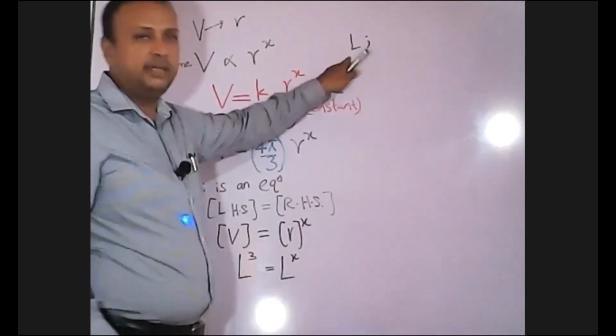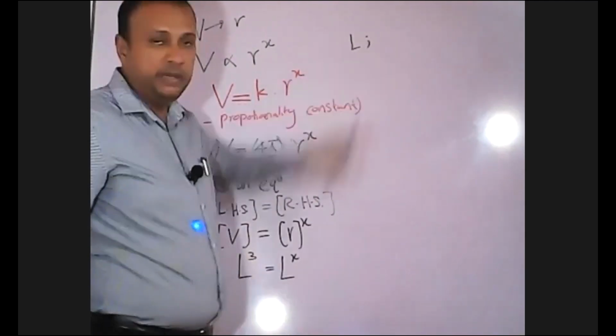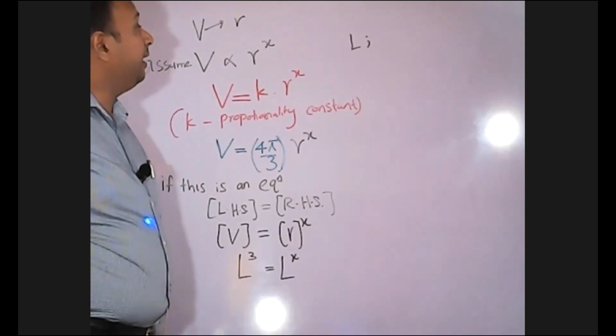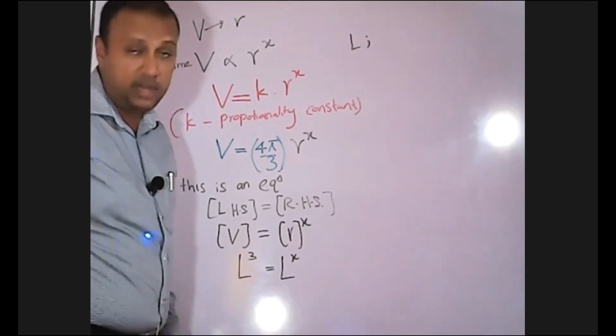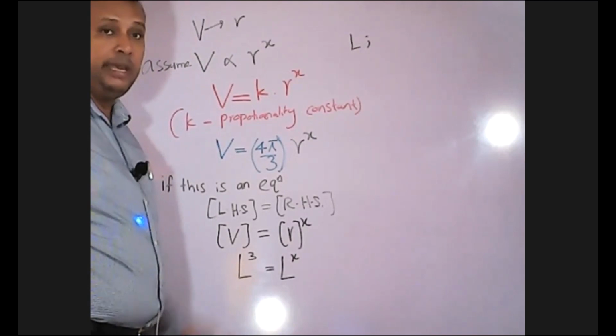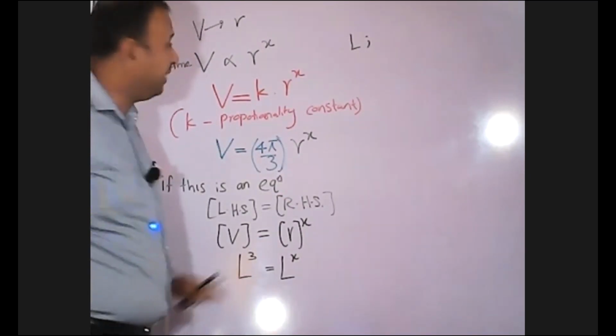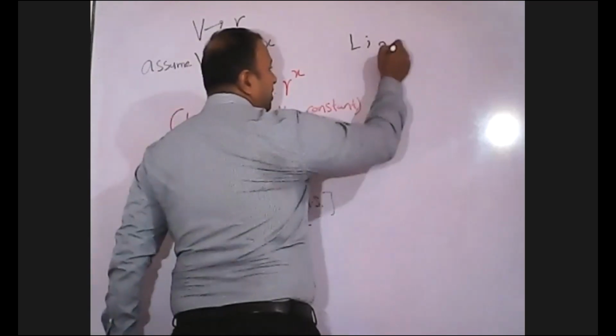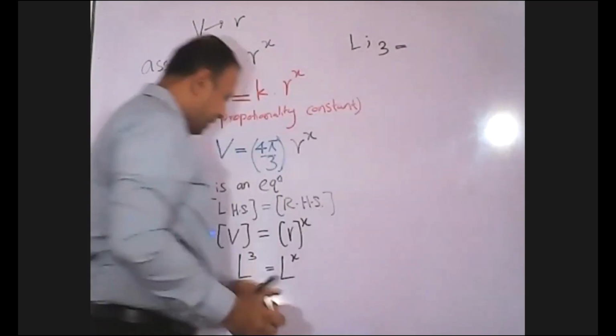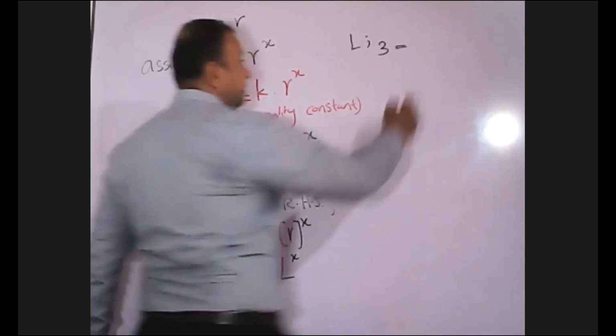This symbol tells that you are equating the power of L in two sides. The power of L in the left hand side is equal to 3. The power of L in the right hand side is equal to x.